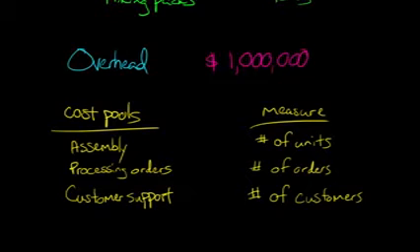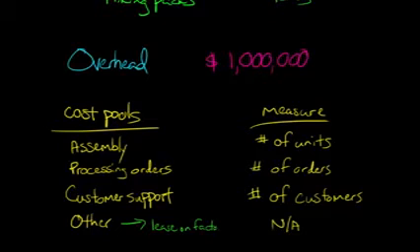Another cost pool, which is quite common, is just to have a pool called other. With other, we're not going to have any measure. Basically, other is for things that some people call organization sustaining activities. This might be something like the lease on the factory.